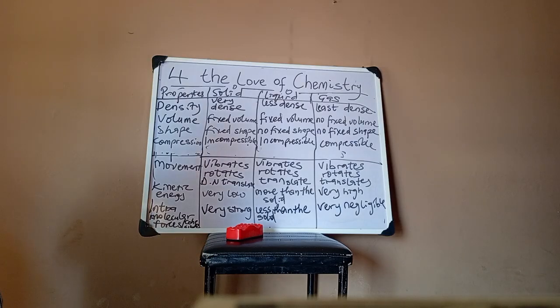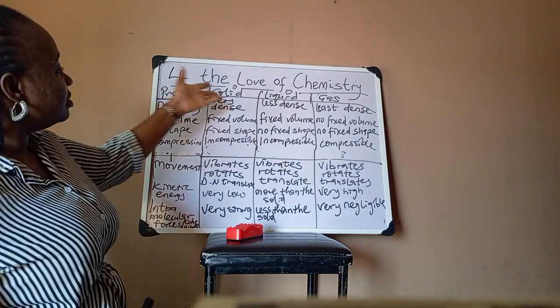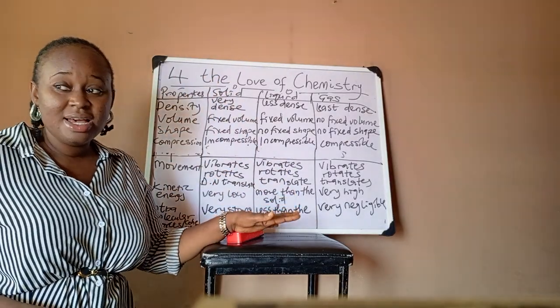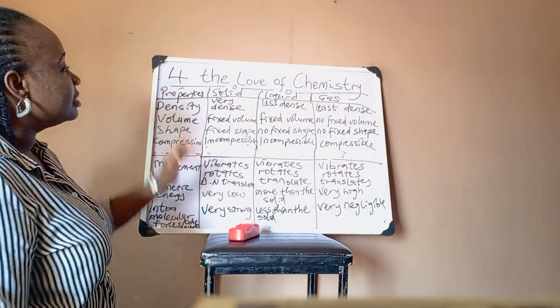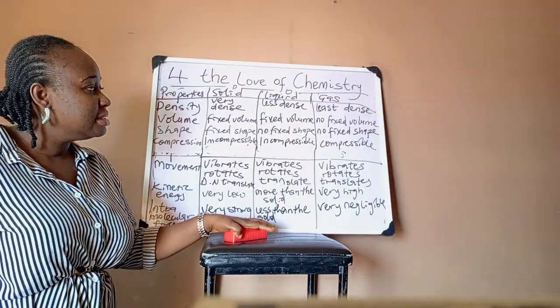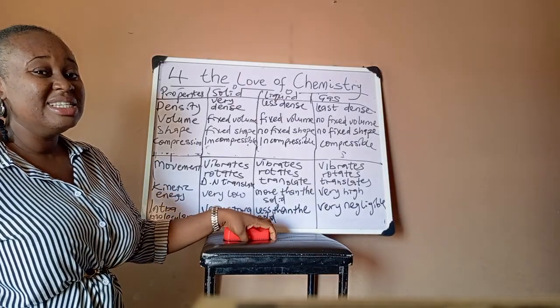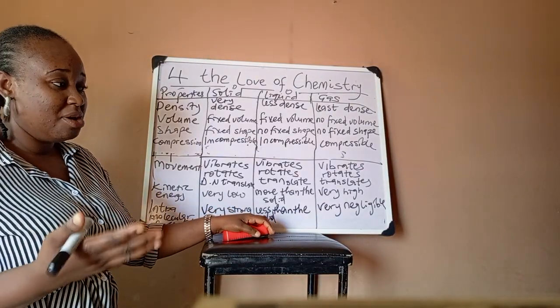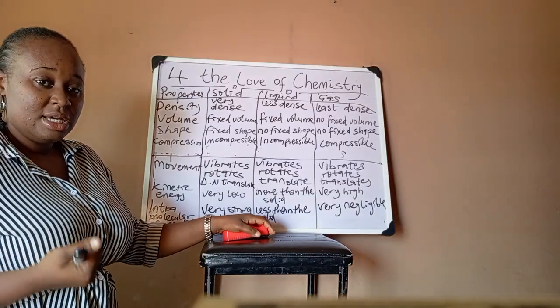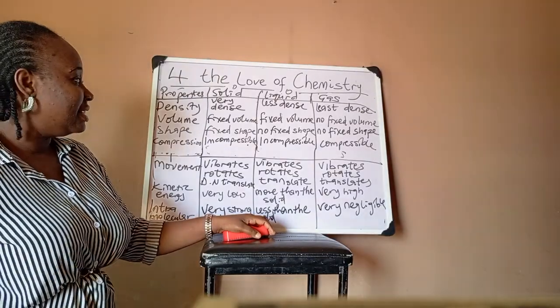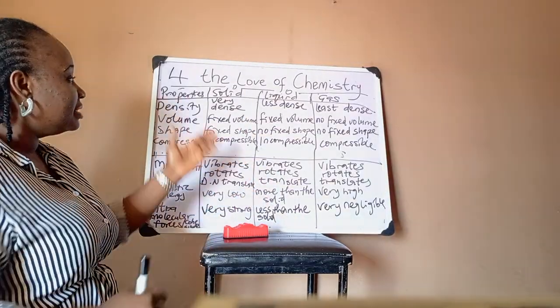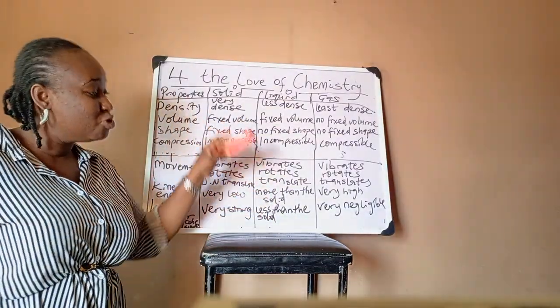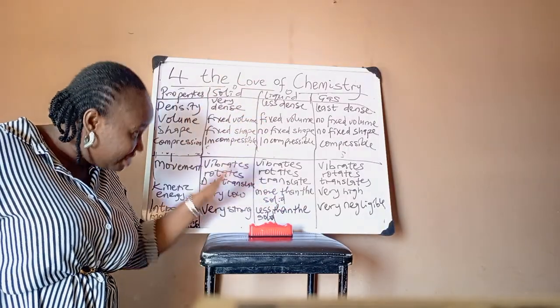All right, so that's it, right? The density: solid is very dense. The mass over the volume, very dense. The liquid, less dense, while the gas is least dense. When you talk about density, you're looking at the weight, how weighty it is. Then the volume, of course, the space it occupies. The solid has a fixed volume, it occupies only this fixed place.